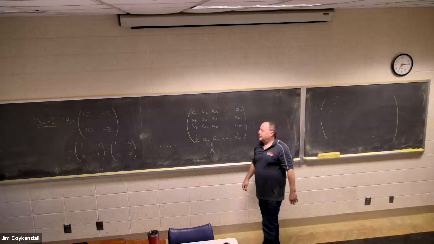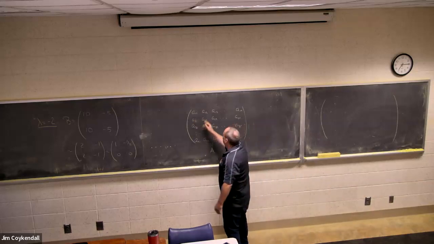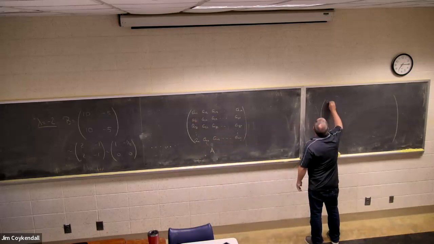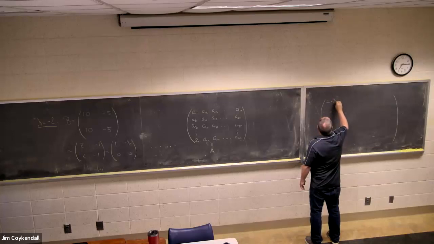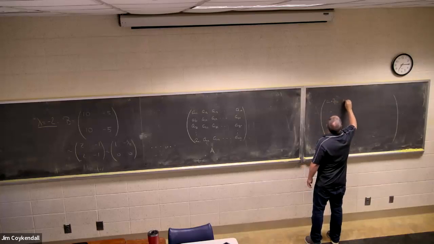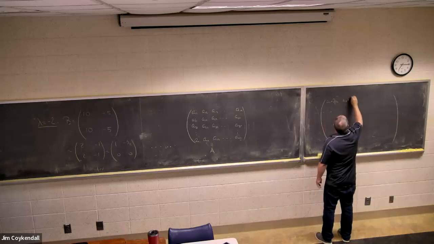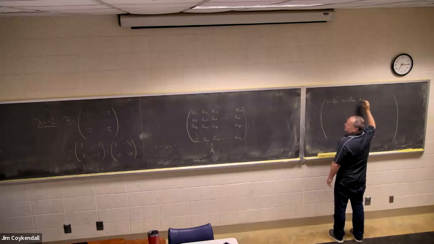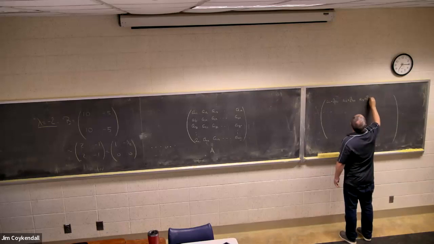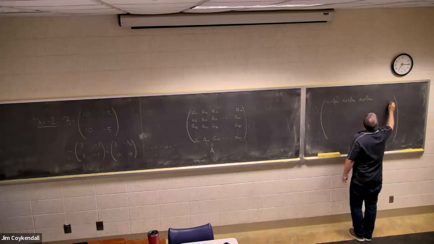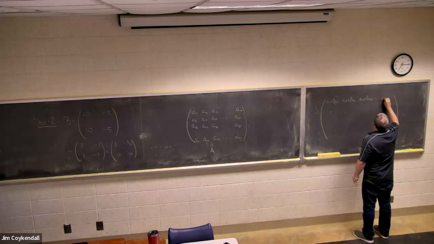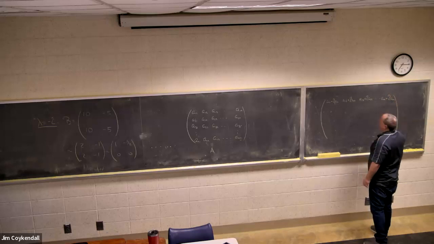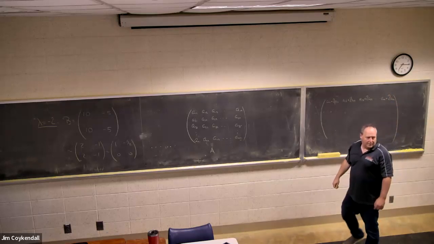So this is like a row and column thing, right? I add twice this to this. So this should be A11 plus 2A21, A12 plus 2A22, A13 plus 2A23, all the way out to A1N plus 2A2N.